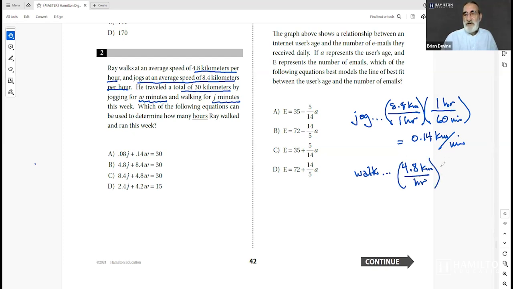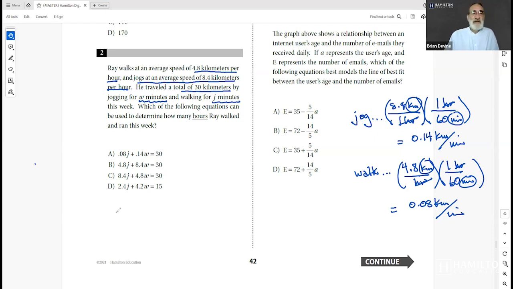And I'm going to convert that into minutes. So 1 hour would be 60 minutes. The hours are going to cancel like they did up here. And I'm going to be in kilometers per minute like I was up there. And walking then, his rate is 0.08 kilometers per minute.